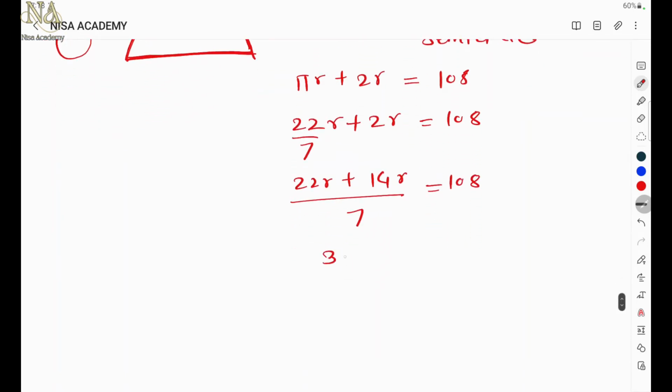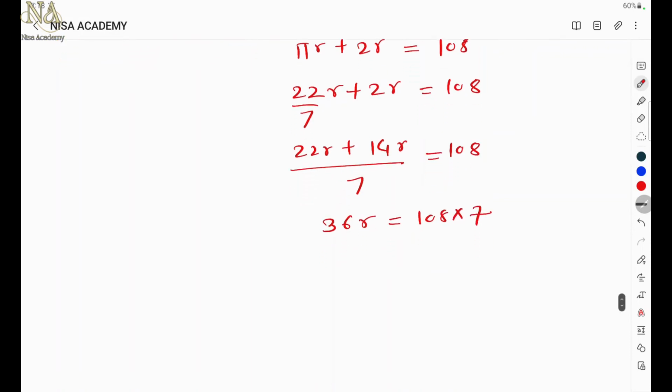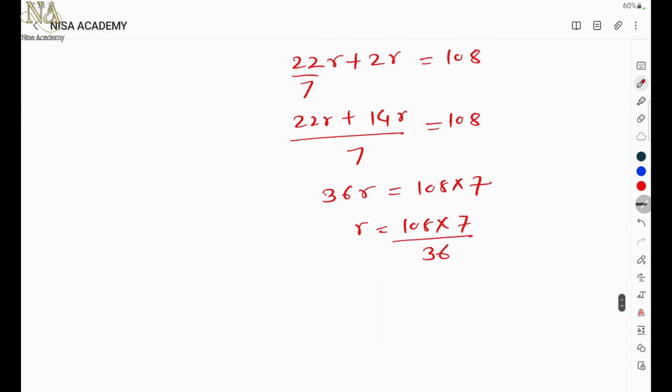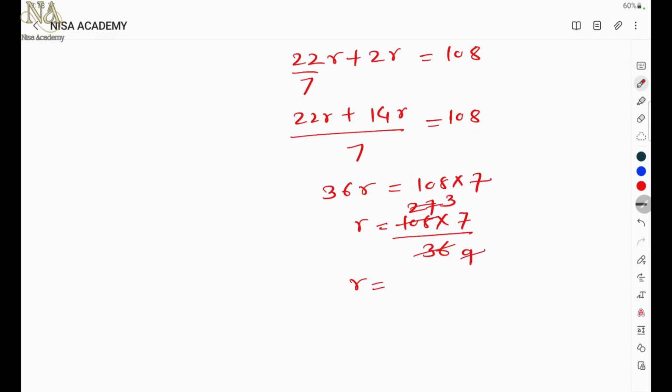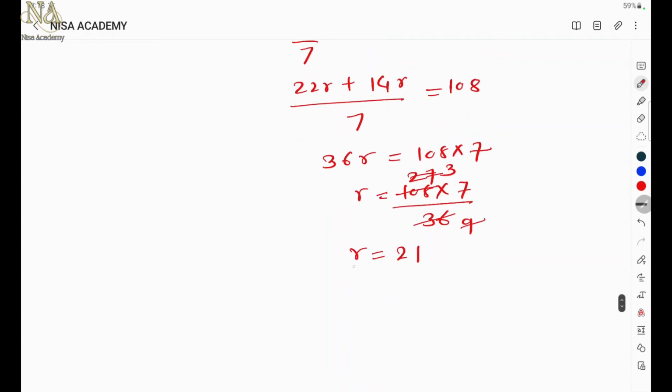So which is 36 r equals 108 into 7. So r will be 108 into 7 upon 36. 4 9s are 36, 4 2s are 8, 4 7s are 28, and 9 3s are 27. So r is equal to 21.